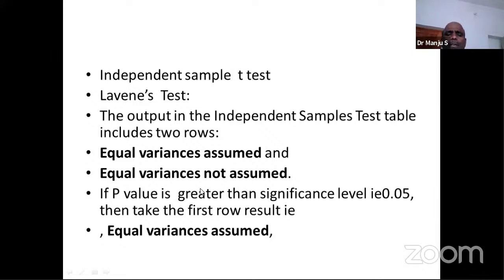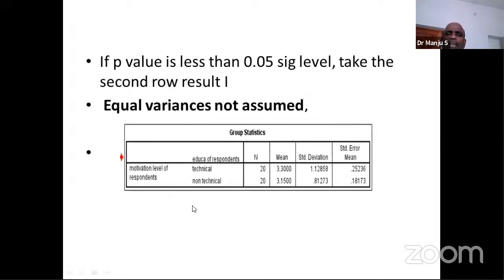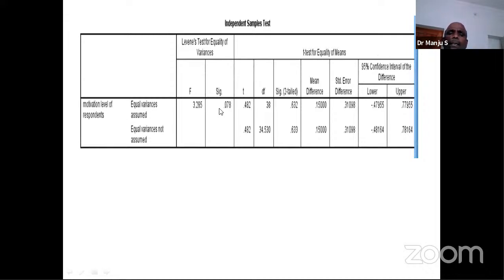Let me explain once again: if p-value is greater than the significance level 0.05, then take the first row. 95% means 0.05. Here we have got 0.078, so we have to take the first row, equal variances assumed.